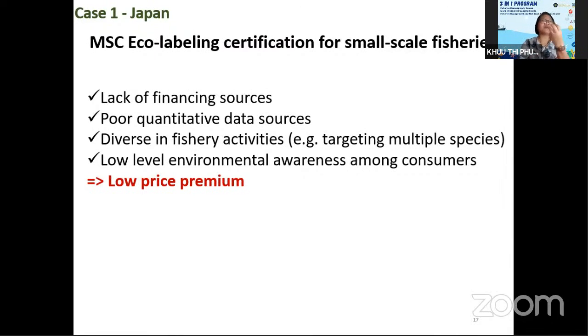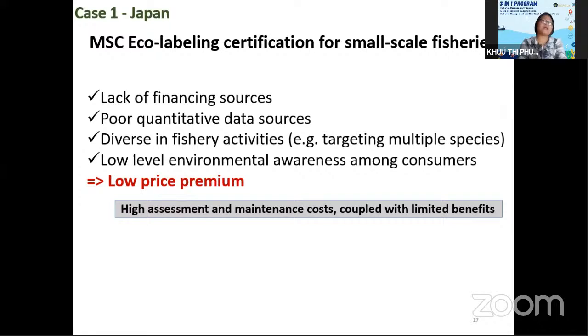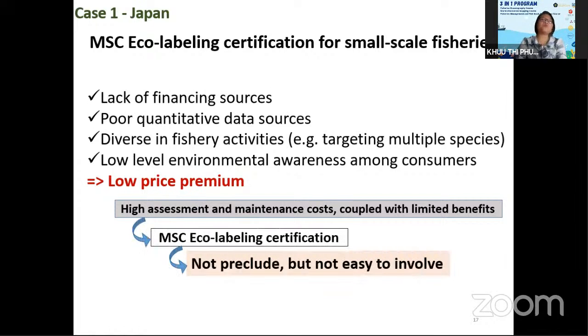That is why our products get a low price premium. When we try to apply MSC, we have to go through high assessment and maintenance procedures, which means we pay a lot of costs, coupled with limited benefits, because of the preferences and behavior of not only producers but also consumers.